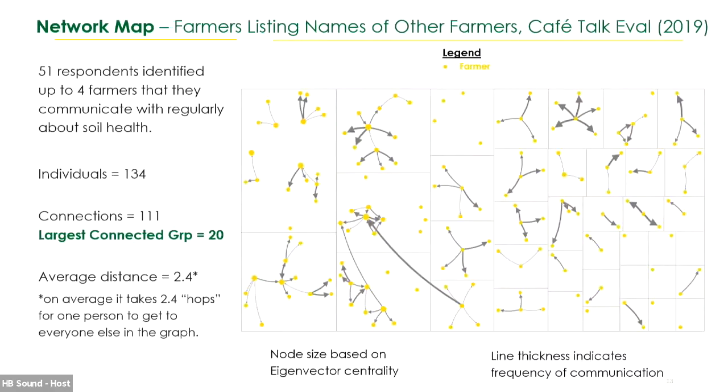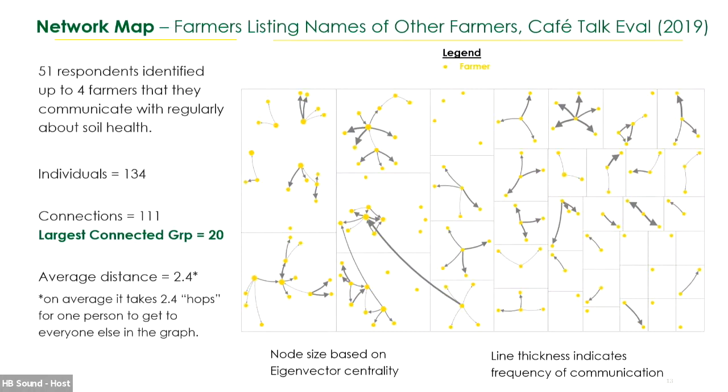It's called a component if you've got a whole group of people that are connected. So we have a whole bunch of disparate dots in that map there, but we've got 20 guys who are connected to each other in some way. It looks like it's in that bottom, leftish side.